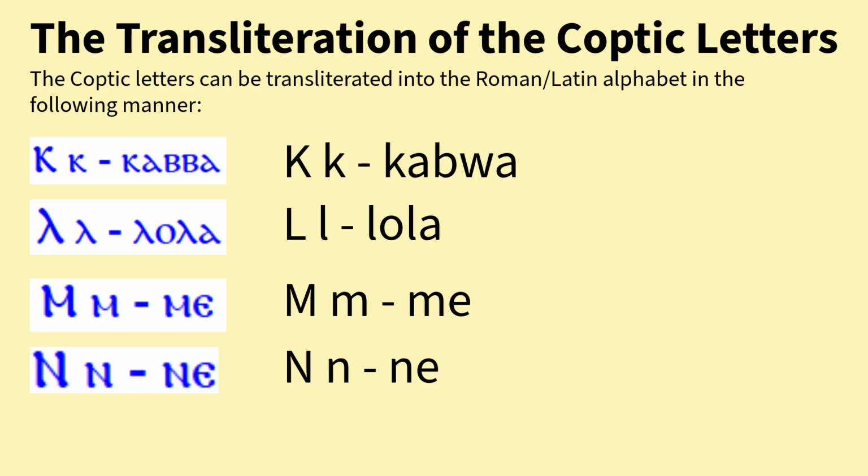Then we have the letter na, which is letter N, transliterated as the letter N, and it has the same pronunciation pattern here as you see here. We have ma and na. So we have kabwa, lola, ma, na.